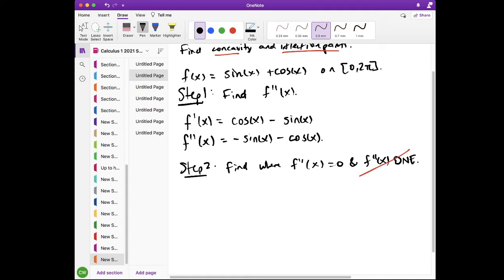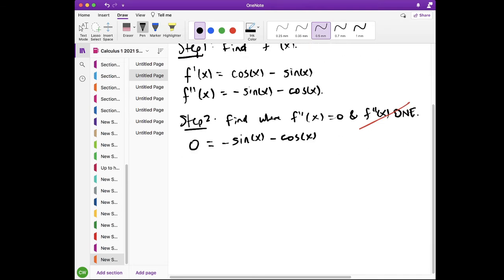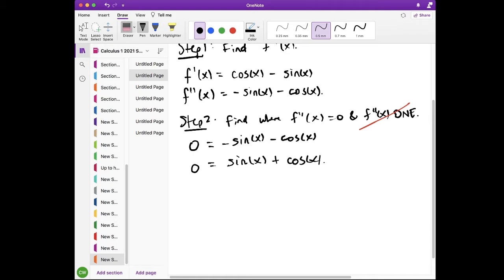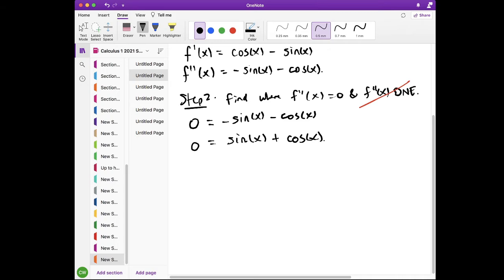So let's set it equal to 0. All right, so one thing you can do is just factor out the negative. Okay, so how do you solve this? When is 0 equal to sine plus cosine?